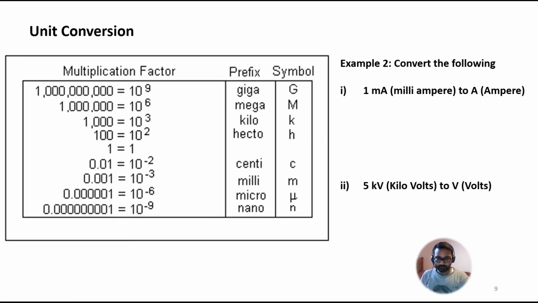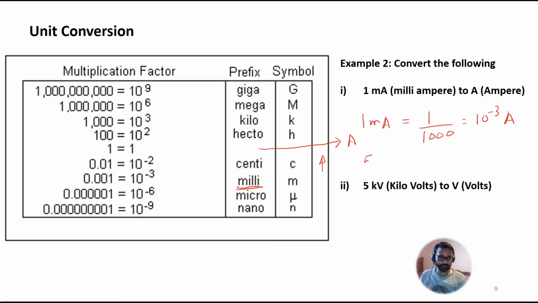You have the milliamperes and you have the amperes here. You have to move up. So if you move up, you have to divide, right? So 1 milliampere will be equal to 1 divided by 1000, or you could also say it is 10 to the power minus 3 amperes.